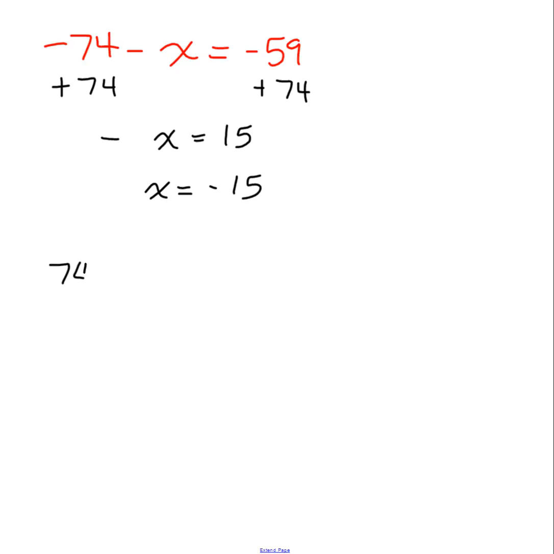So when you subtract 15, you're actually getting smaller, which with integers, you're moving farther away from 0. Whereas if you subtract negative 15, that's like adding 15, in which case you're getting bigger and moving closer to 0. So that's the answer to number 1.